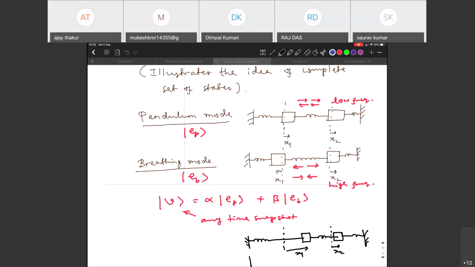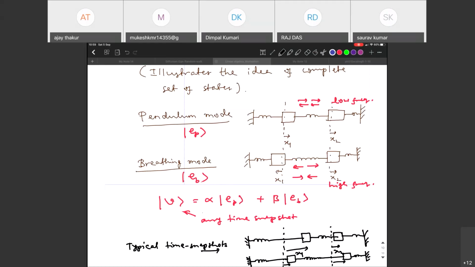On the other hand, you could also have had situations like, okay, so in this case, x2 is larger than x1, right? So these are typical time snapshots, right?